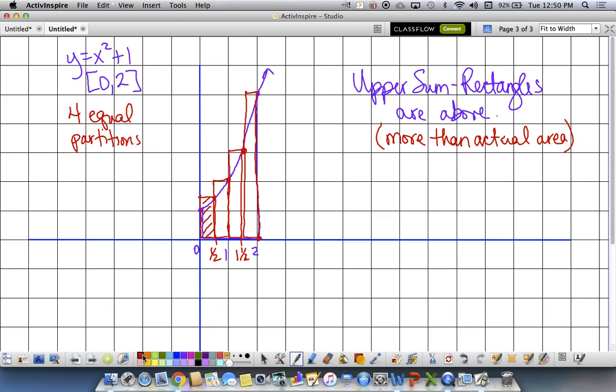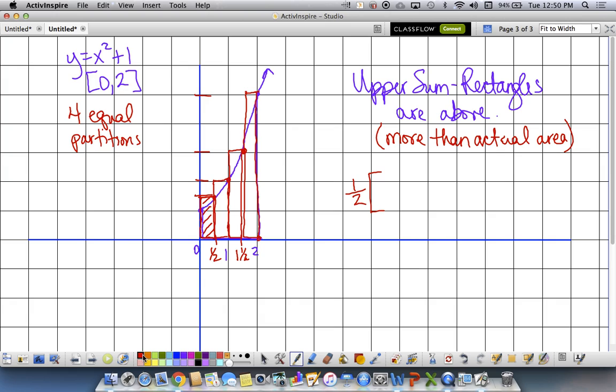Okay? So let's look at our first rectangle. I'm going to pull out the base, because we know the base is going to be 1/2. It's going to be 1/2 times the height, 1/2 times the height, 1/2 times the height, 1/2 times the height.